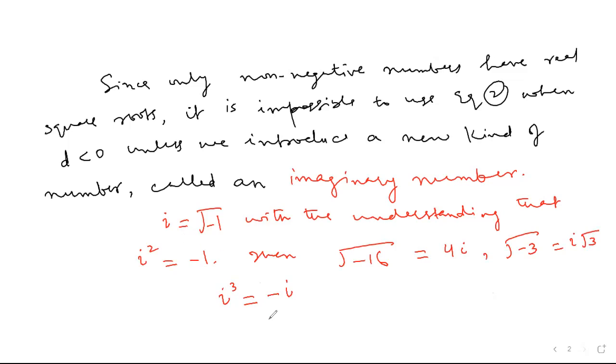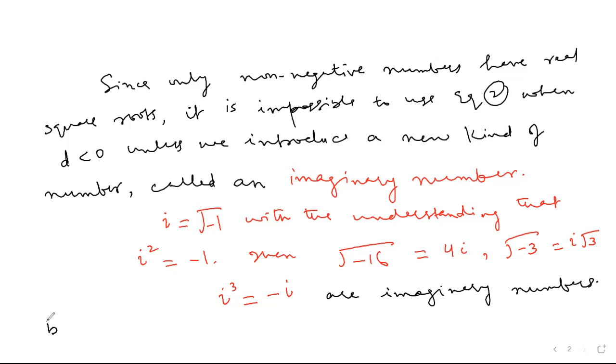So it is iota square into iota, that is minus iota, right? Now these numbers, square root of -16, square root of -3, or iota cube, or numbers like them, are called imaginary numbers.